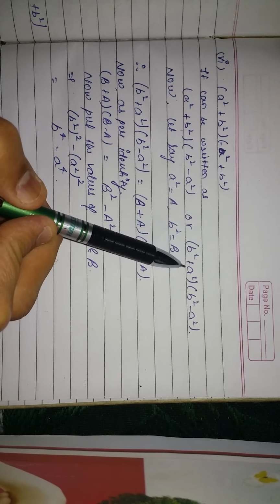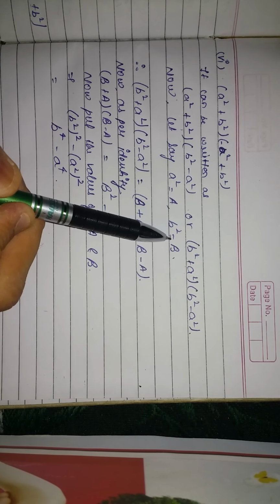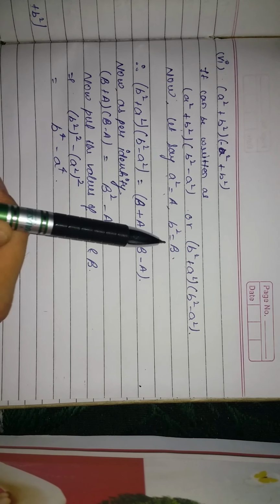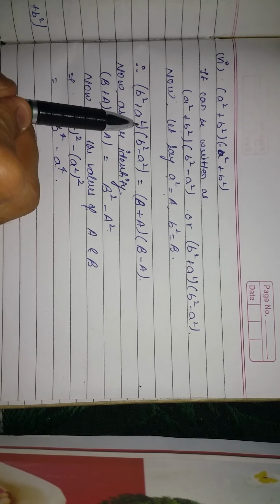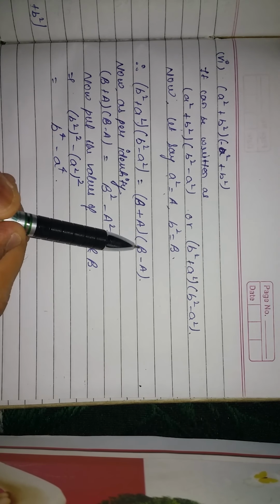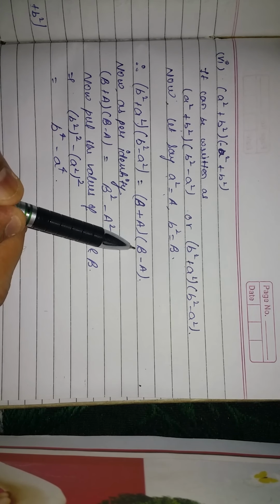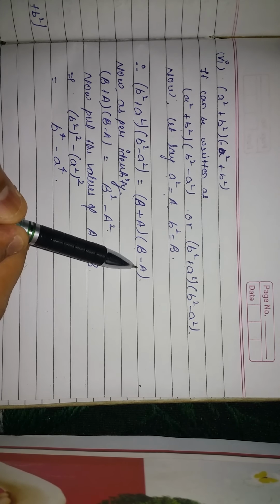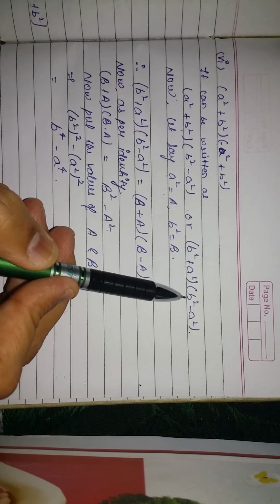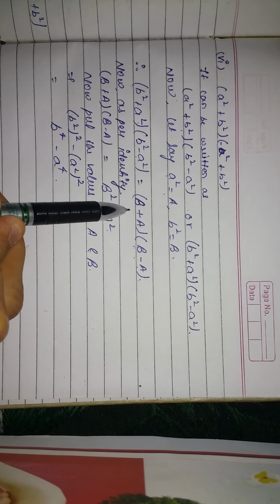Now you can observe that if I assume b square as capital B, and a square as capital A, then this will be (B plus A)(B minus A). At the place of a square you have to write A, at the place of b square you have to write B. Since minus is there, minus will come. Similarly plus is there, so plus will come.